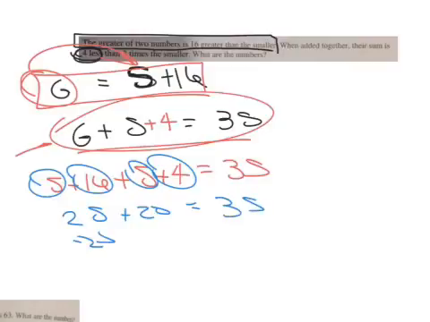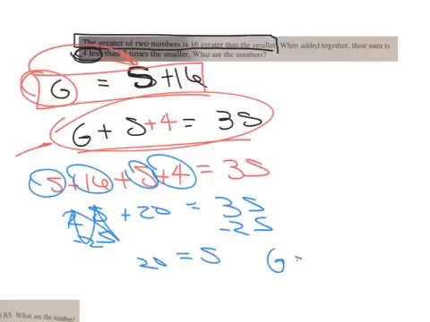Subtract 2s from both sides. Those go away, and I get 20 equals 1s, or s is 20. So I've got that. Now I just take my 20 right here, put it in there, add 16, and that'll give me my g. So my g then is 36.